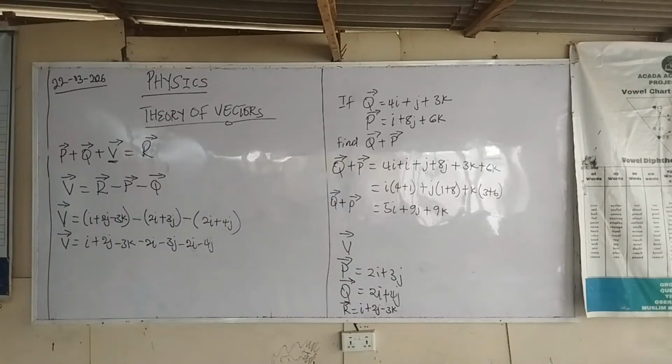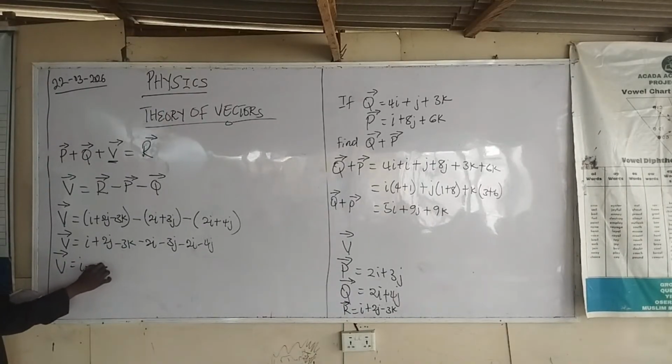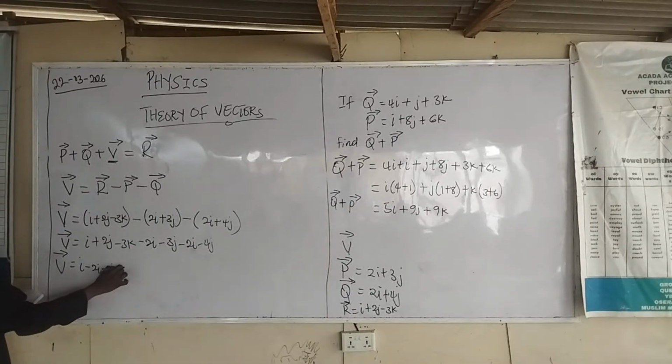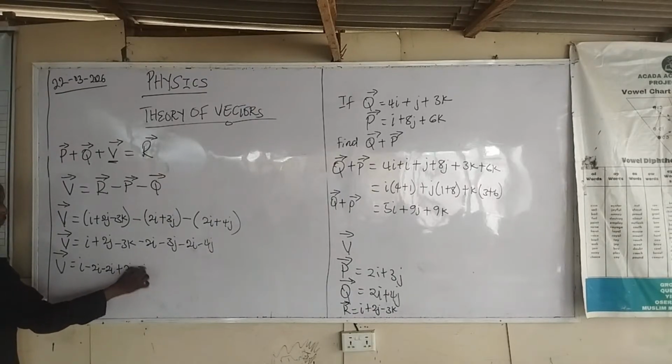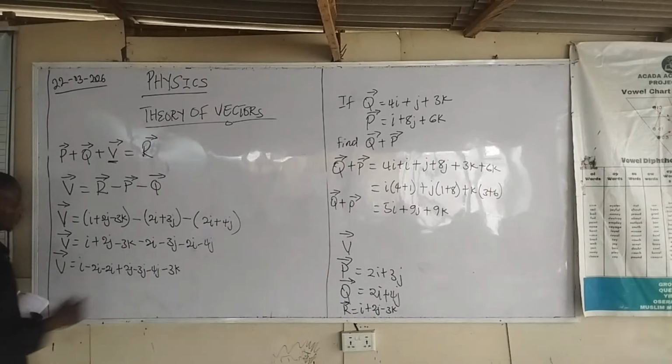So now what do we do? We collect like terms. So we say our v is equal to i minus 2i minus 2i plus 2j minus 3j minus 4j minus 3k.